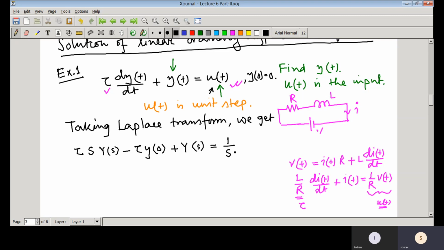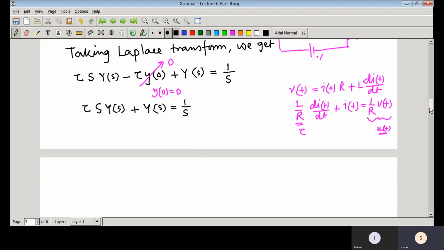Now as y(0) equal to 0, this initial condition term would be equal to 0. So you have the simplified expression (tau s plus 1) Y(s) equal to 1/s.